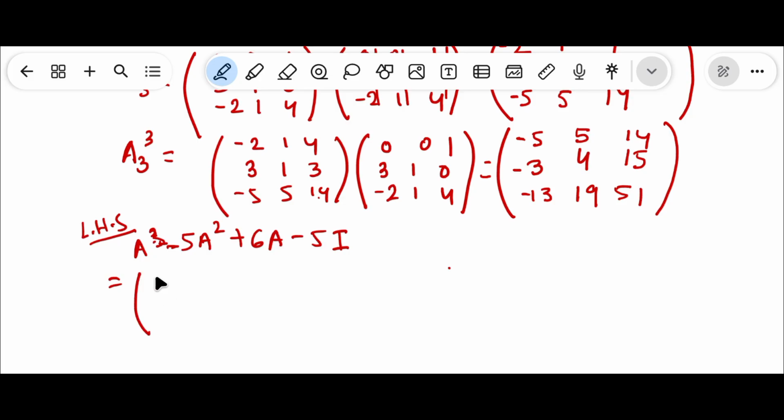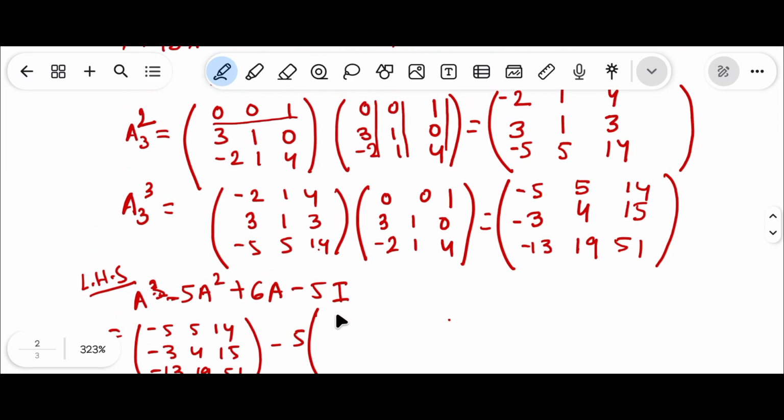A cube is minus 5 5 14, minus 3 4 15, minus 13 19 51, minus 5A square. So 5 into A square is minus 2 1 4 3 1 3 minus 5 5 14.